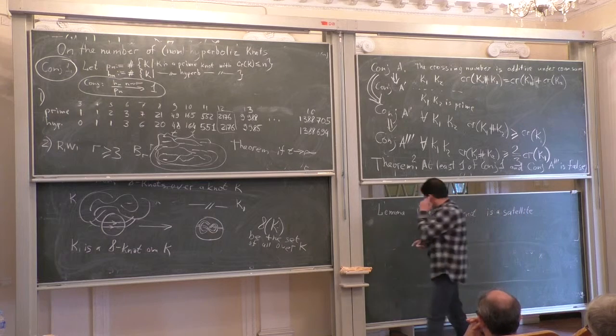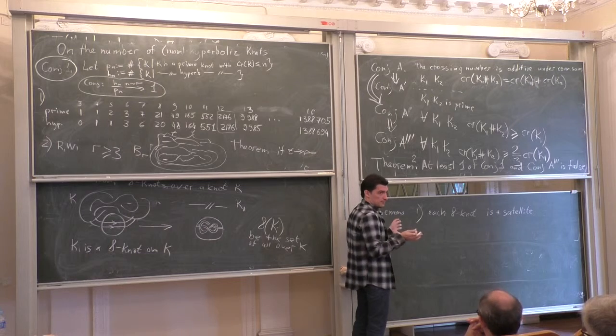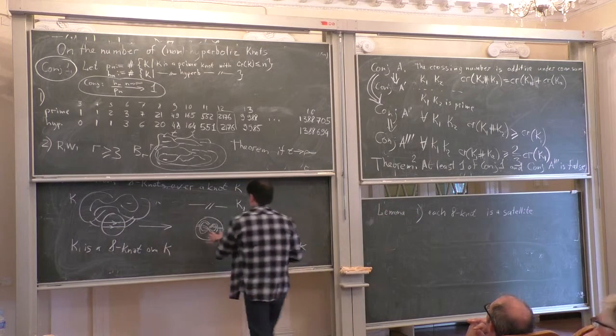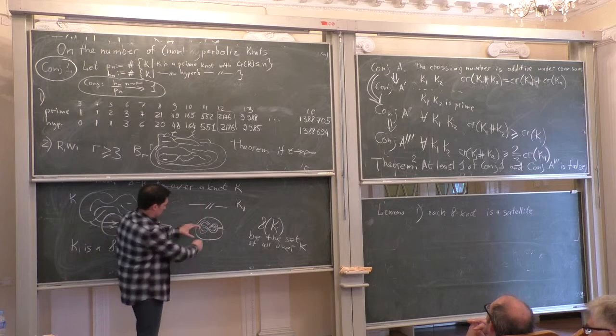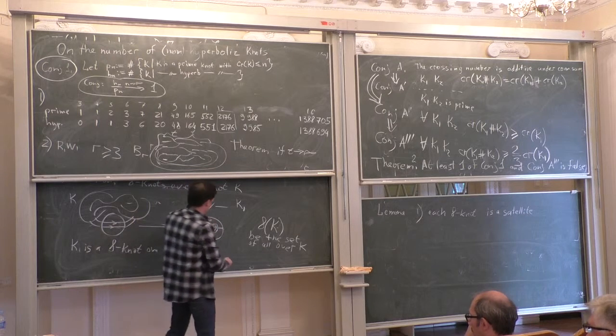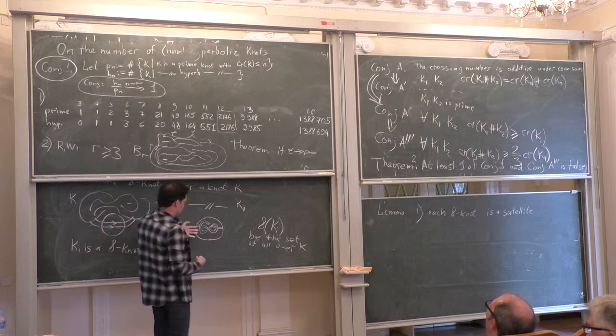The first thing is that each figure 8 knot over any K is a satellite knot. Clearly, it's obvious, because here we can imagine the torus knotted as a figure 8 knot.